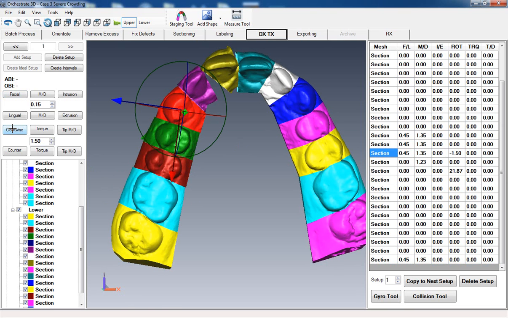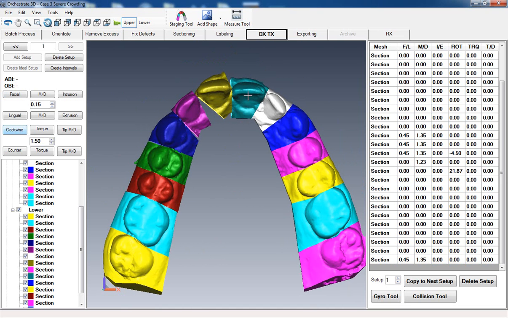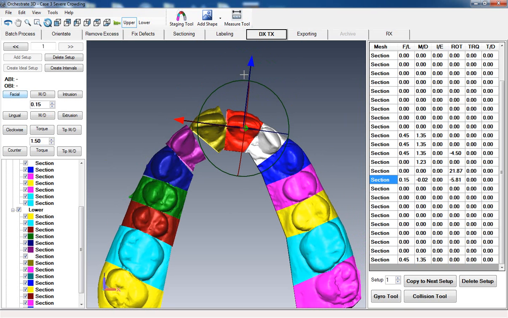And we're going to rotate now. And now we're going to start on the upper left here and work on the rotation. And you can see we also need to come facially a little bit so it's even with the upper right central incisor.